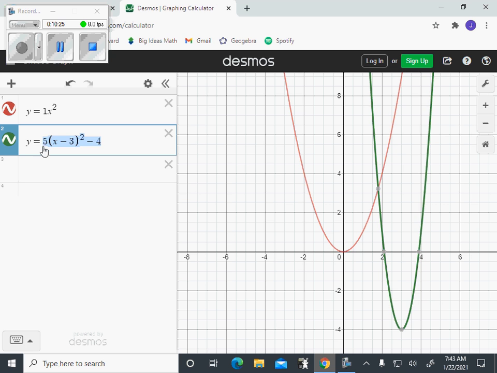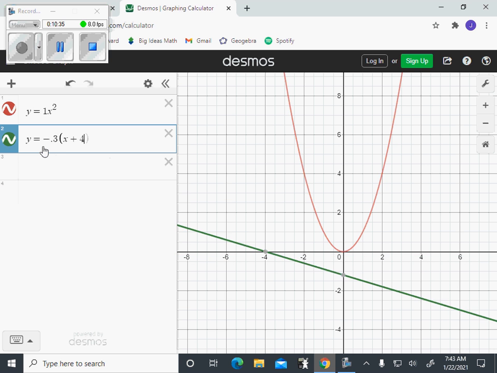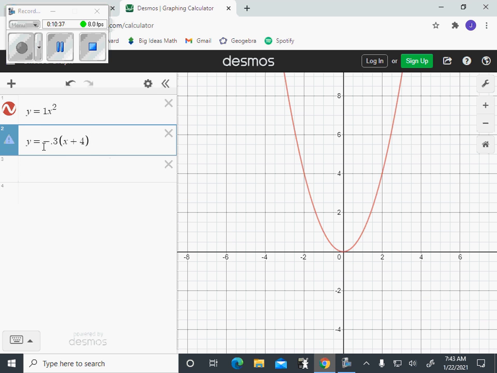Challenge problem here. Describe the transformation. I'm going to have y equals negative 0.3 times (x plus 4), squared. Okay, so how is this going to flip? Just this part right here. This is negative. What's going to happen with this negative?